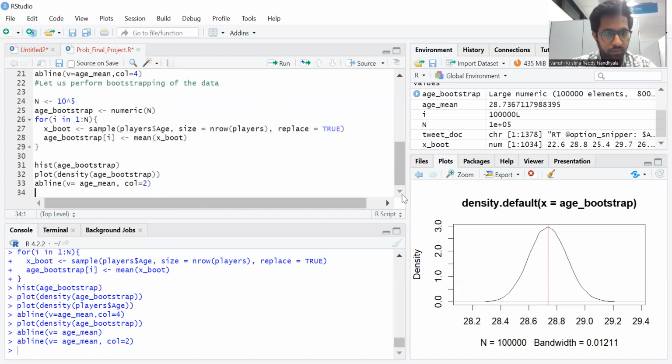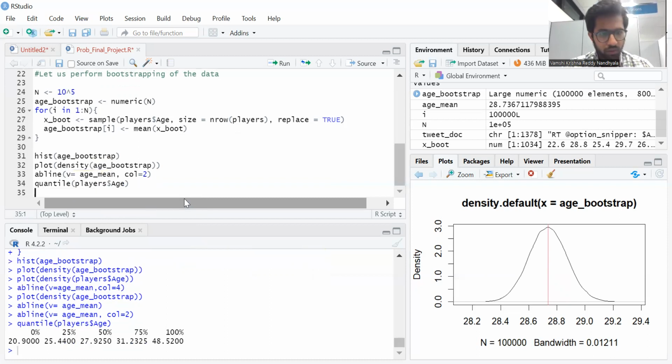And let us calculate the quantiles for this data: quantile of players dollar age.